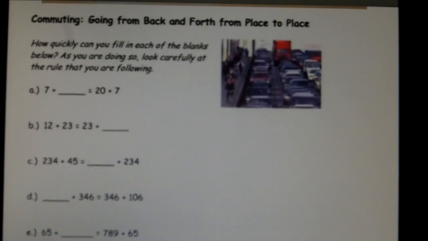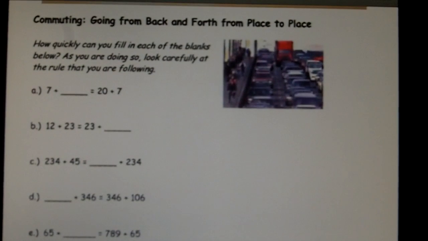And it asks you some questions about commuting back and forth from place to place, and asks you to just fill in this simple worksheet, starting off with problem A, 7 plus something equals 20 plus 7.